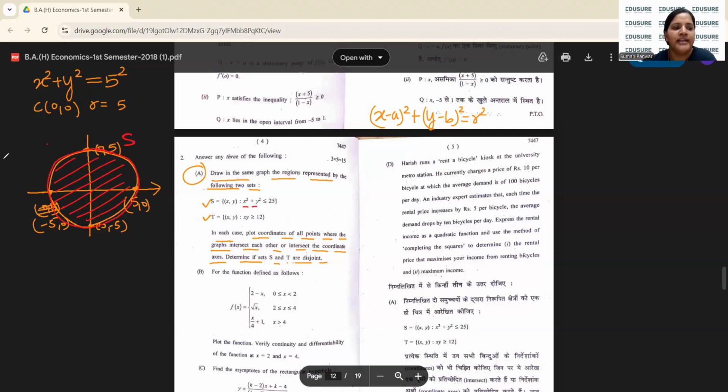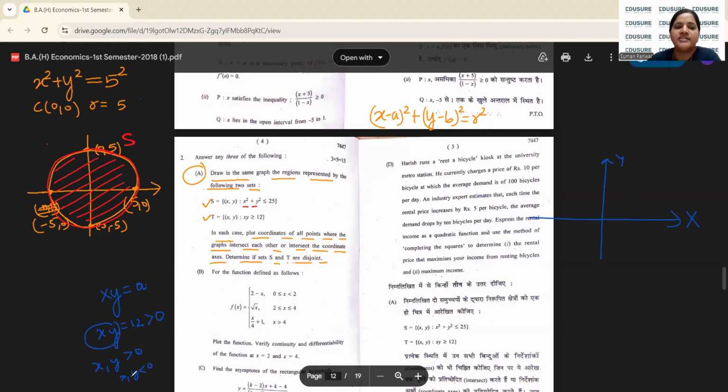Now if we look at T, let us try to draw T independently. So this is X and this is Y. Any graph which is of this type, XY equals A, will look like this. So now XY is equal to 12. So X comma Y are both positive or X comma Y are both negative.